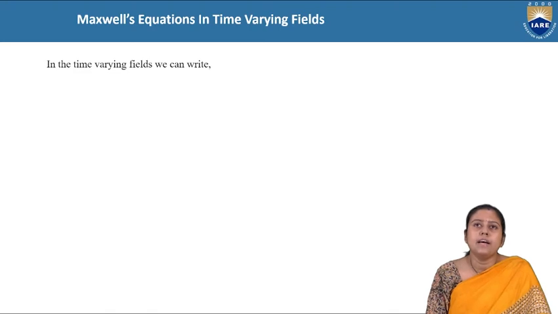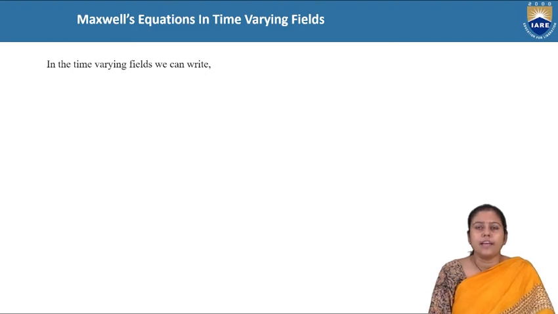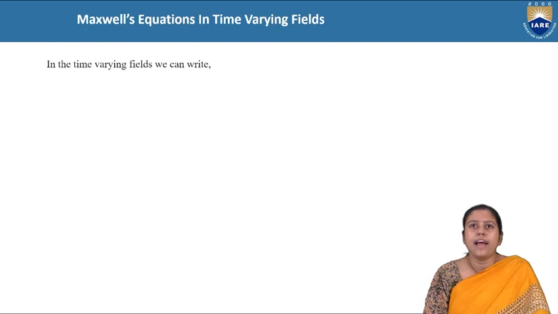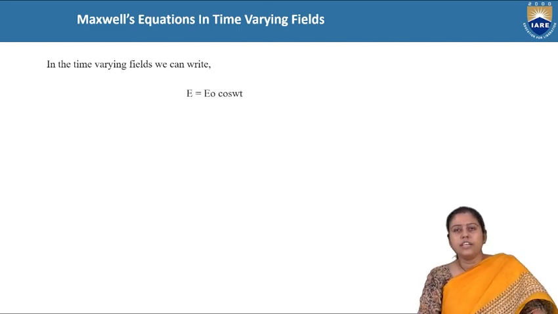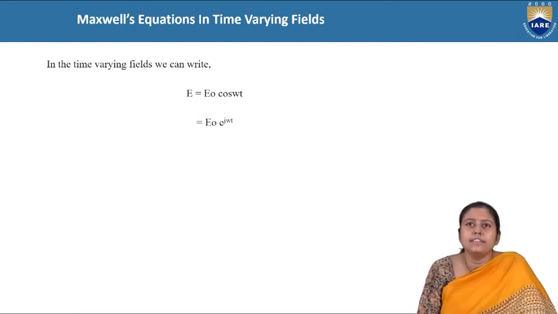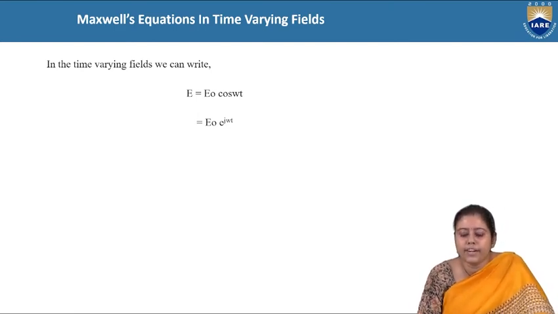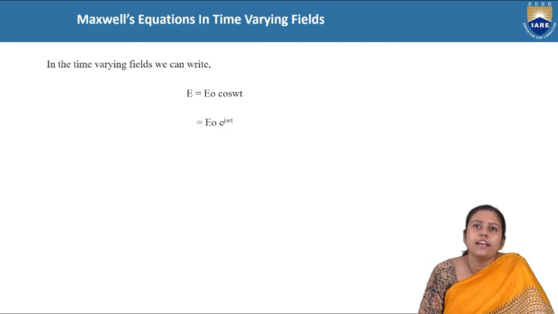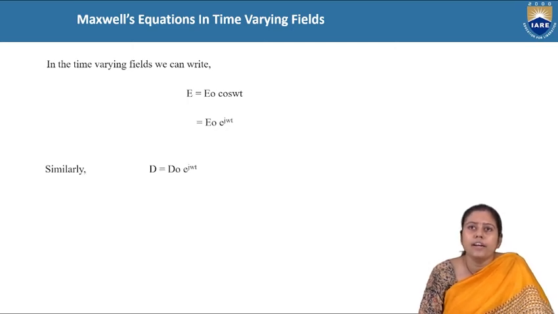Next, the last part is Maxwell's equation in time varying field. What is Maxwell's equation in the time varying field? In the time varying field, we can write that E equals E naught cos omega t. So the field intensity is equal to E naught cos omega t. We can write that as E naught e to the power j omega t.